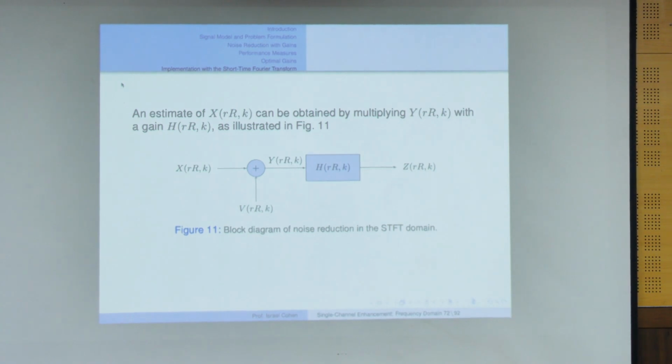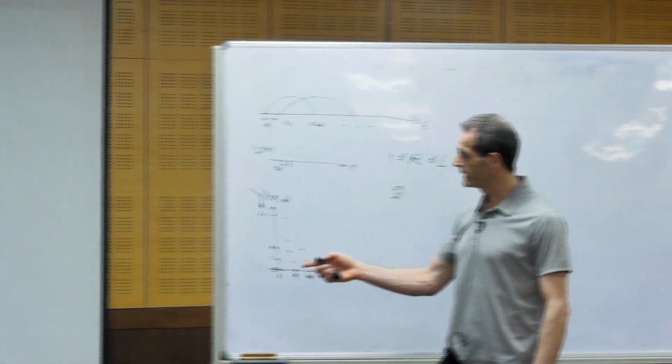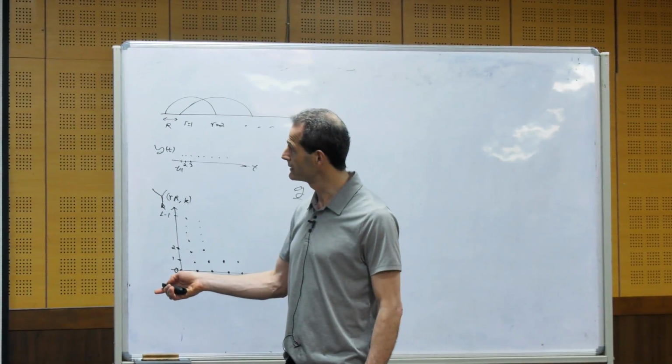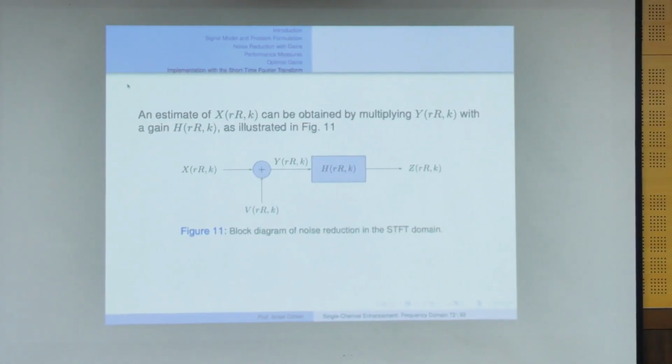So if the desired signal and the noise signal are stationary, this gain doesn't need to depend on r. So it doesn't depend on the time axis. It depends only on the frequency. So here the gain can depend only on k if the signals are stationary.